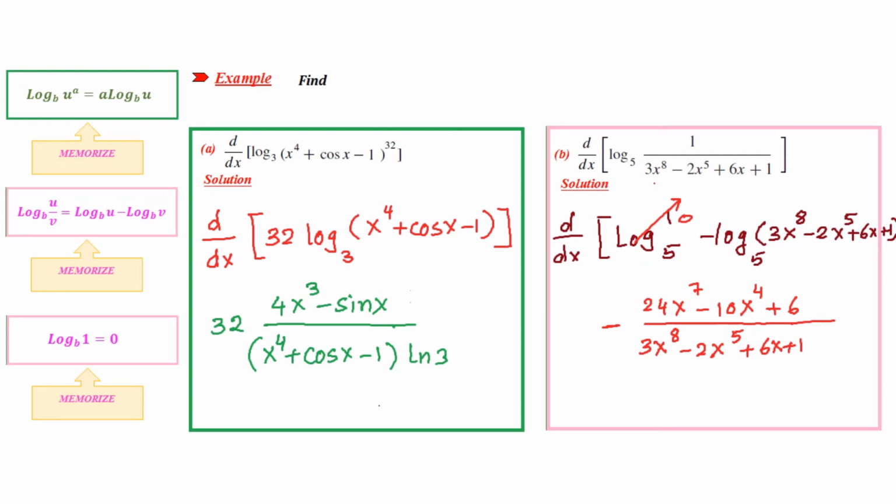In natural logarithm, there is no need to multiply by ln of the base, but in a logarithm of any other base, you have to multiply the denominator by ln of the base, which is 5 in our question. And this is the final answer.